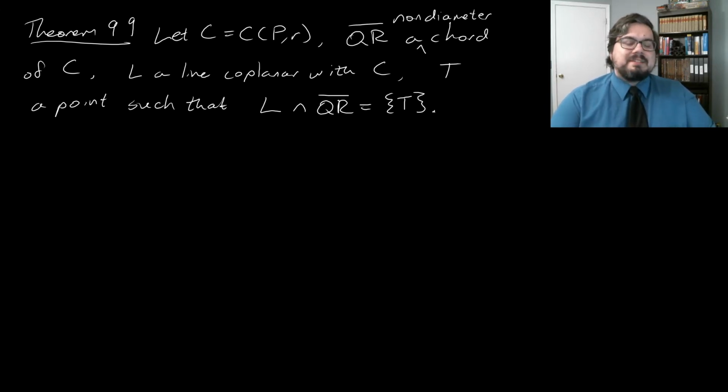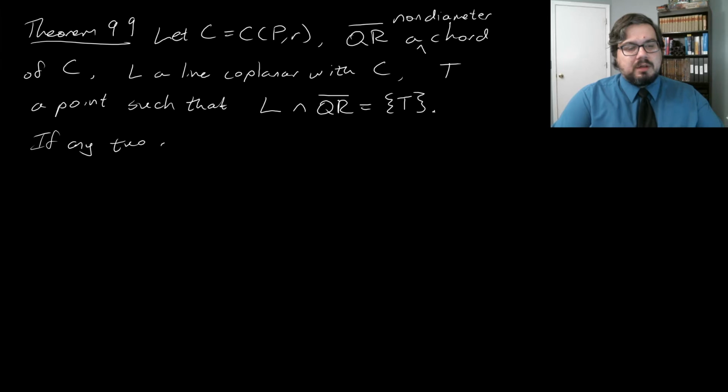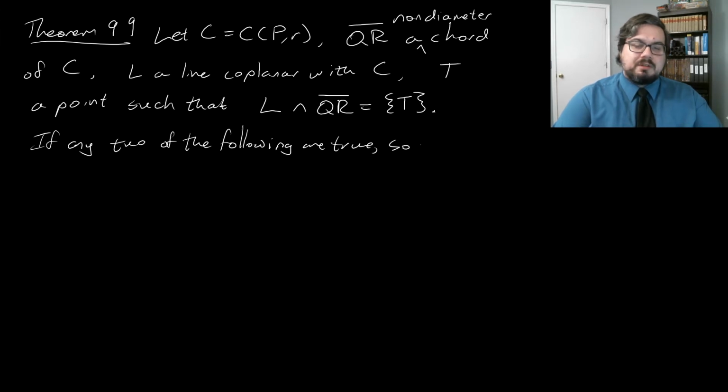Then we have a statement that's not the following are equivalent, but we're going to have three statements, and if any two of those statements are true, then the other one has to be true also. If any two of the following are true, so is the third one.